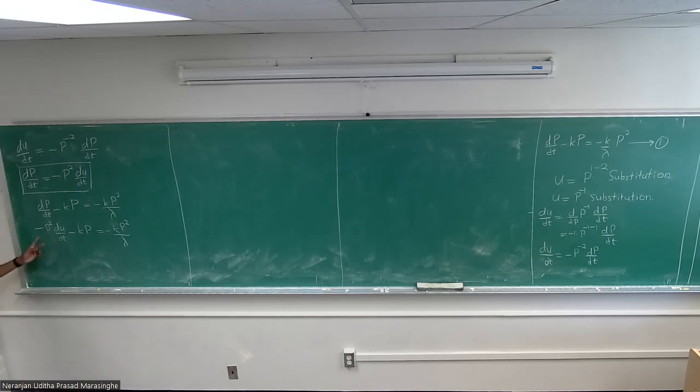Right. Now you can see this negative sign would be cancelled out, right? And we have positive terms. And I would divide each term by negative p square. Then what would happen? I would divide this term by negative p square, so I have du over dt.